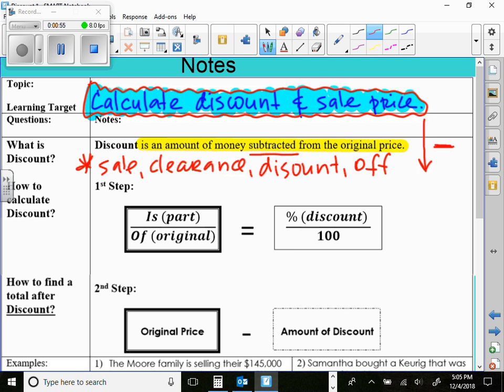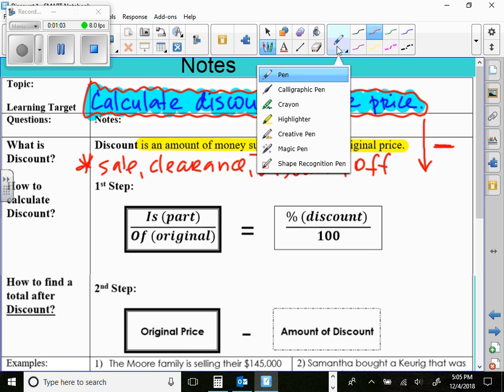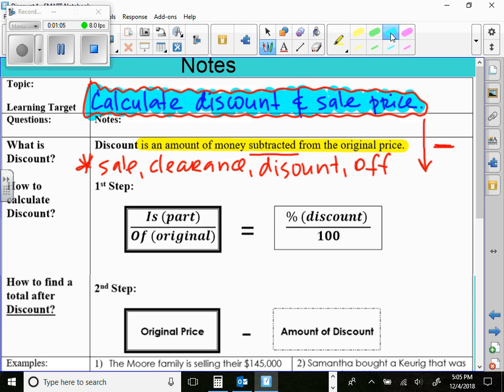When you're solving discount questions, you will work with two different types of problems. Some will only ask you to calculate discount, and we'll refer to them as one-step problems. And some will ask you to find new total, and we will refer to those questions as two-step problems.